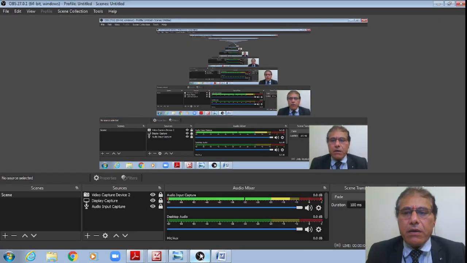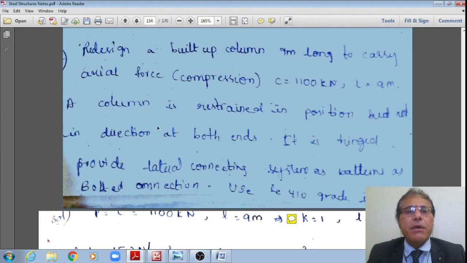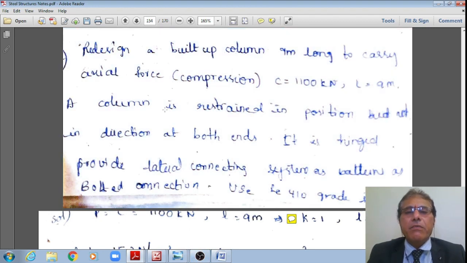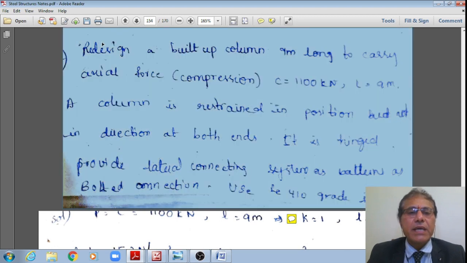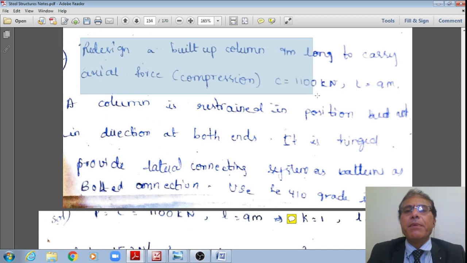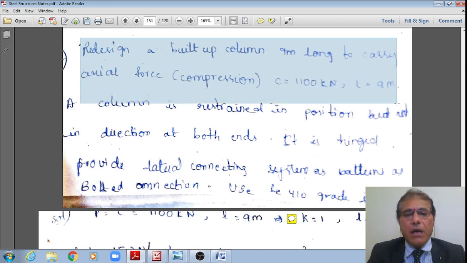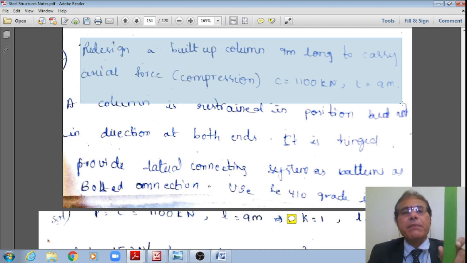Now this is the problem. Redesign the built-up column. The other day we designed a single laced built-up column. Now let us redesign the built-up column, 9 meters long, to carry an axial compressive force which is factored, 1100 kilonewton, with a length of 9 meters, right?